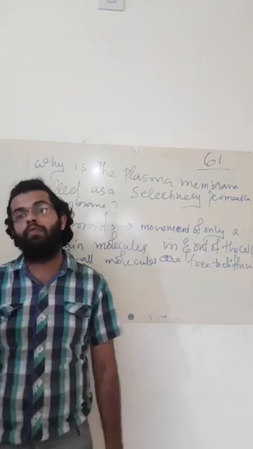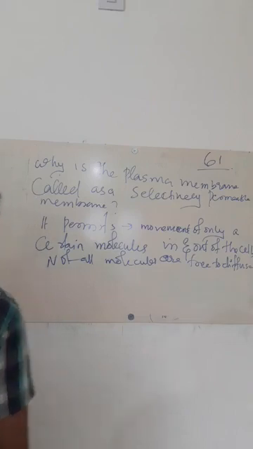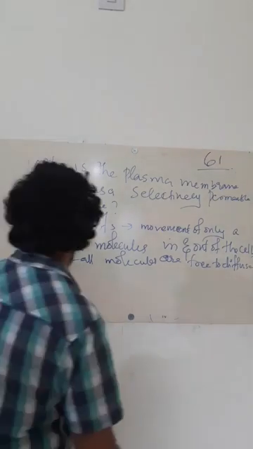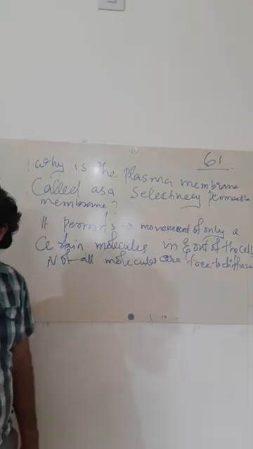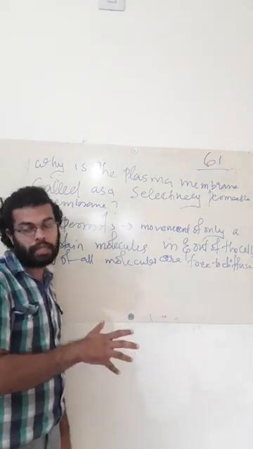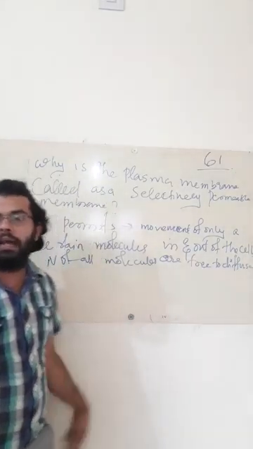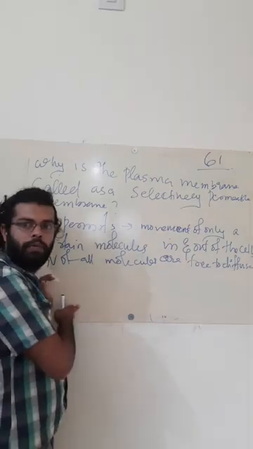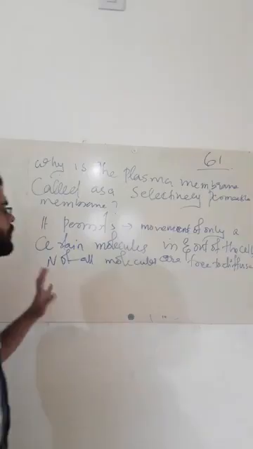And the next one: prokaryotic cells do not contain membrane-bound cell organelles, so in eukaryotic cells the membrane-bound cell organelles are present. If you have a gap, you should write just the opposite of that. Okay, so that's about the differentiation.